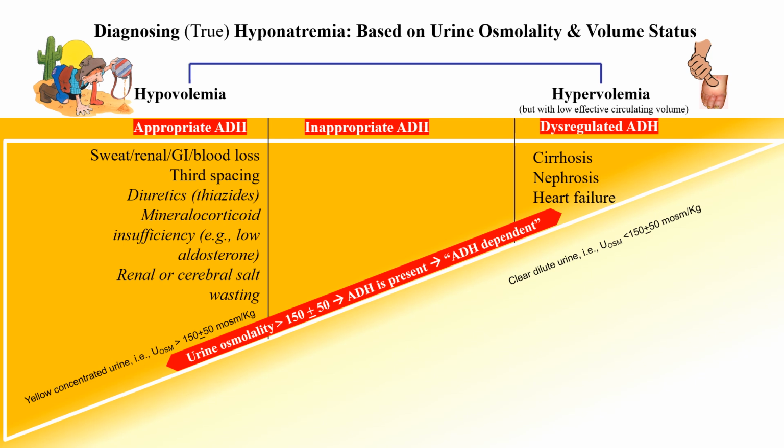It is the low effective circulating volume that drives ADH secretion in these patients. Since ADH secretion occurs secondary to a diseased state that can only be shut off with the cure of the primary disease, ADH release in this category is referred to as dysregulated ADH.